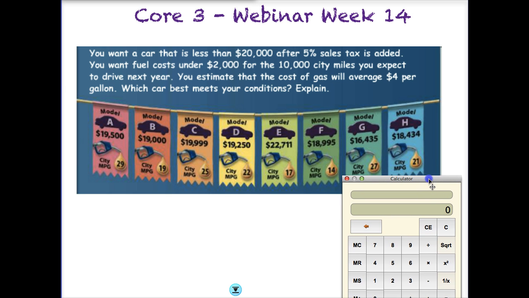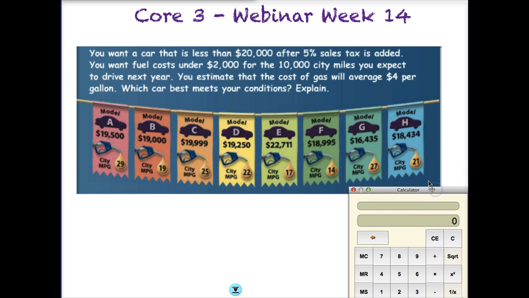Let's see. How can we find a car that is less than $20,000 after a 5% sales tax has been added? Okay. So we have all these prices. How do we figure out what the cost would be with a 5% sales tax? So let's define some variables. Whenever we're dealing contextually, it's good to define variables.